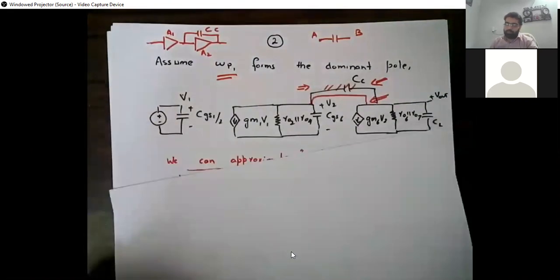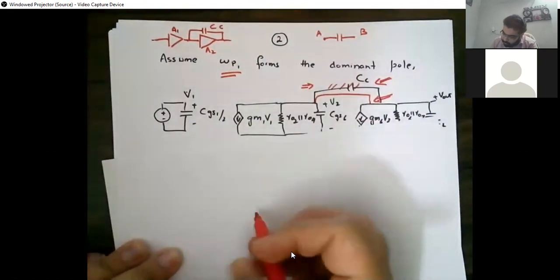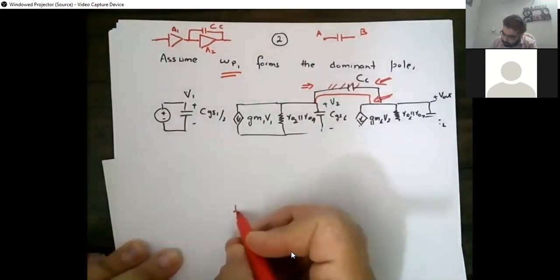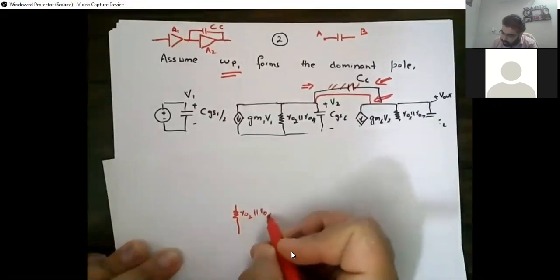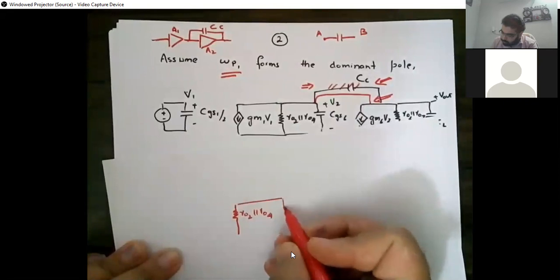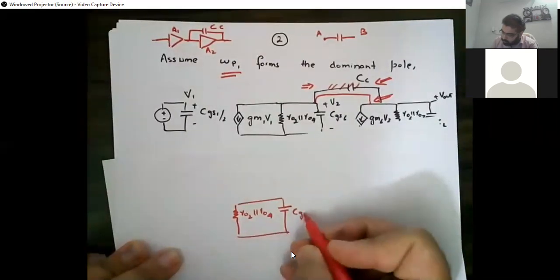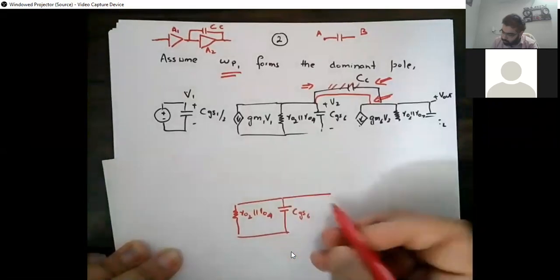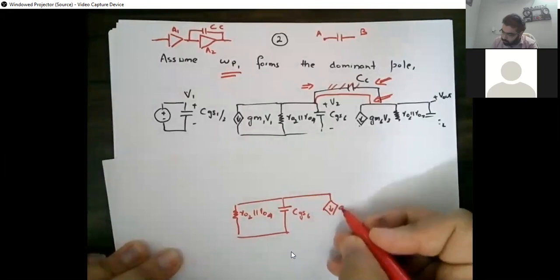What I am pointing out is that I'm drawing the half circuit so we can easily follow.